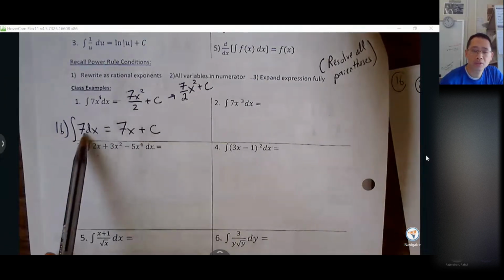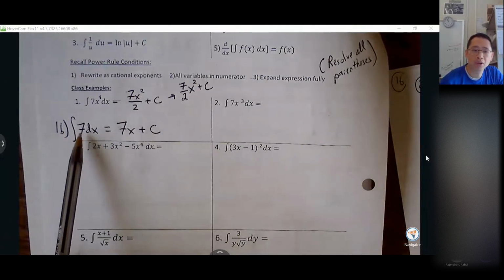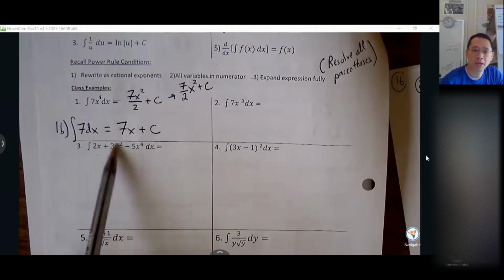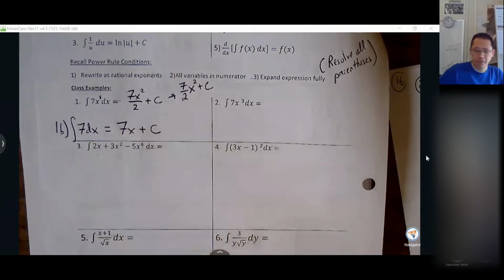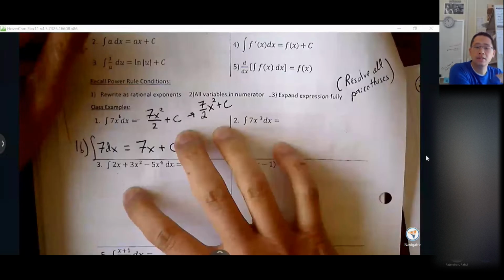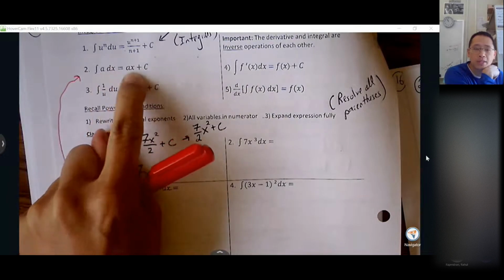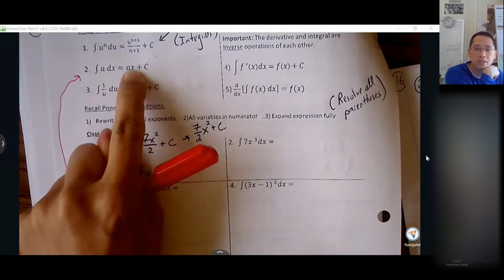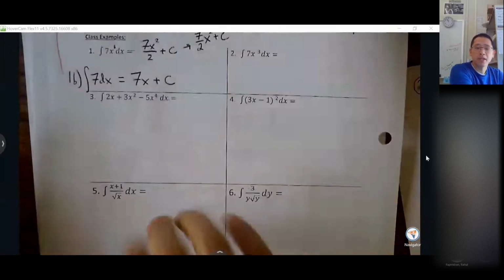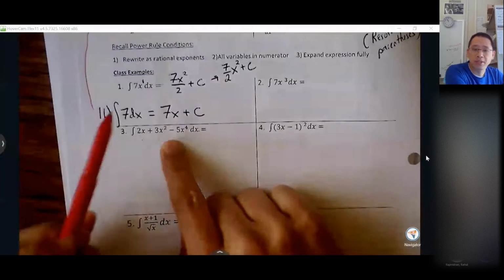Here, this is really x to the 0 power, which will now become x to the 1st power. That's what this second rule is telling us. Any constant is going to rise by 1. So 3 will become 3x, 1/2 will become 1/2 x, 10 will become 10x.